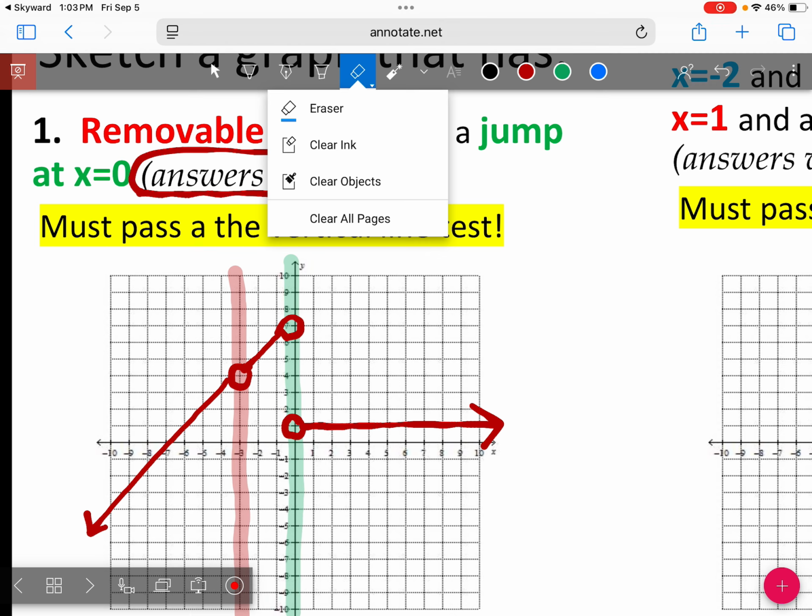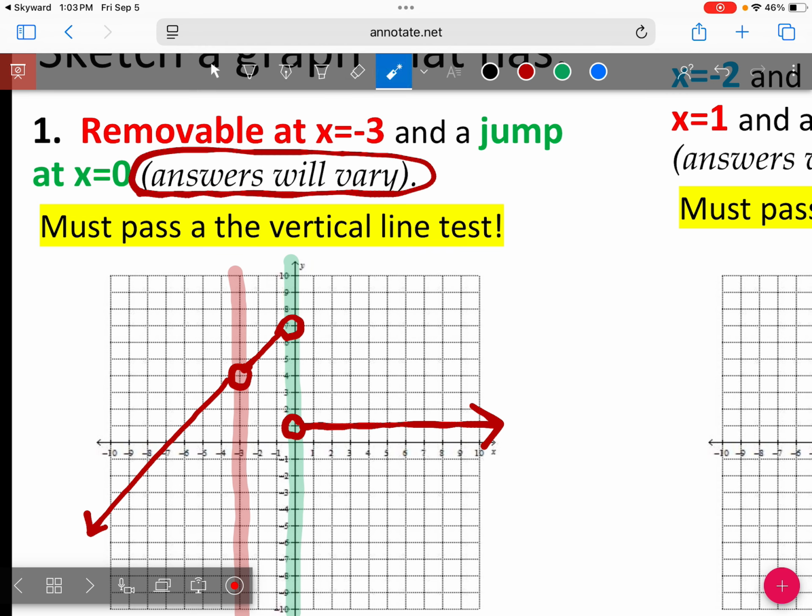Thank you for asking that question. Okay, when you have a jump, you can have either 2 open circles or 1 open circle. But what you cannot have is 2 closed circles, and let me explain why.